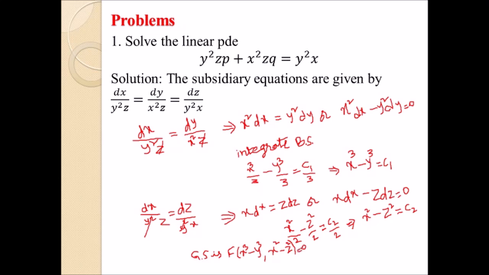Here I have not considered the second and third ratio because I cannot cancel out the x. So here we got the two solutions, and we can write the general solution.